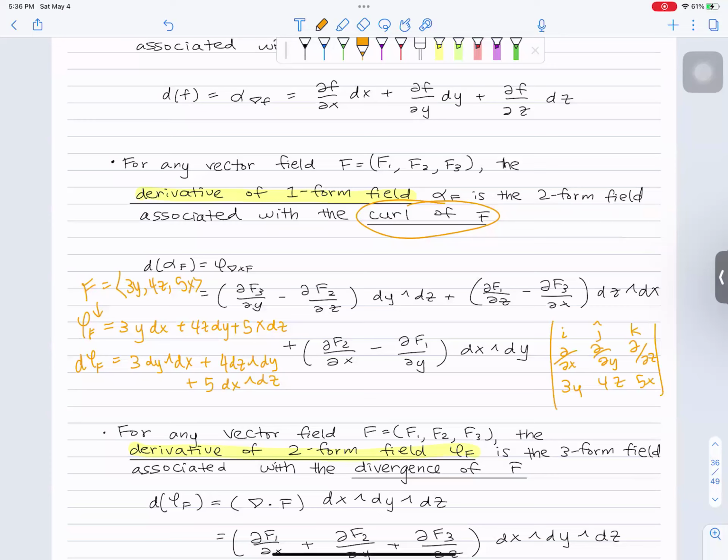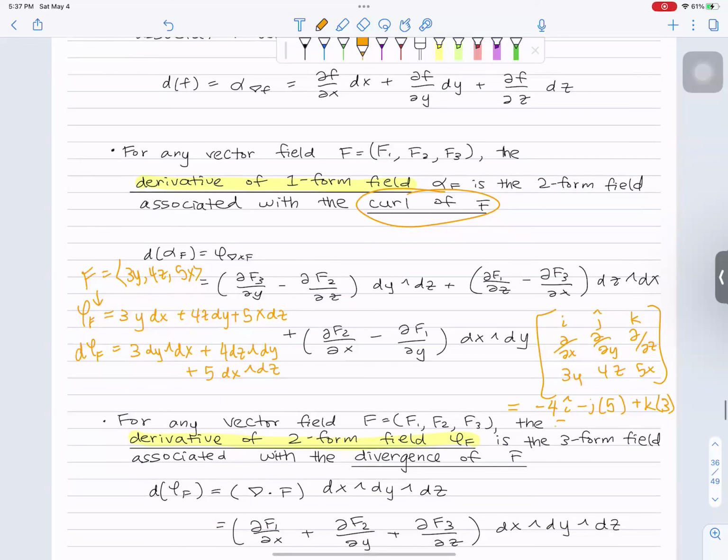And I find that curl, which should give me, let's just do it. It gives me negative 4i minus j times 5 plus k times 3. So it gives me negative 4, negative 5, 3.